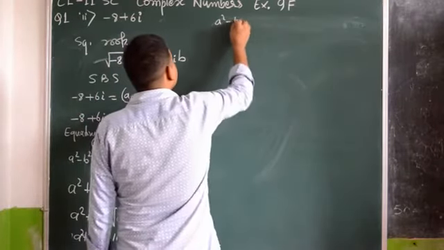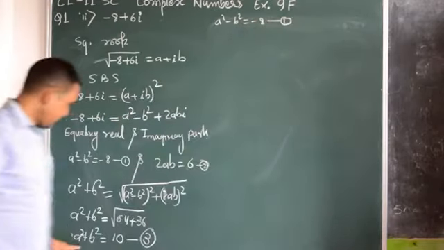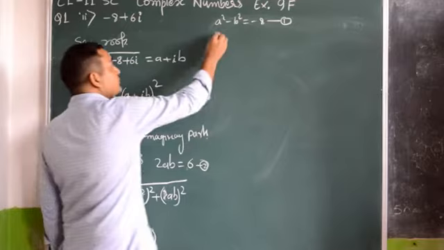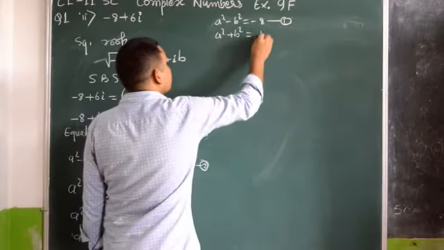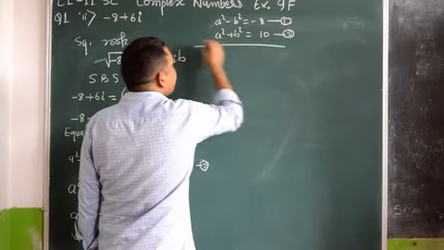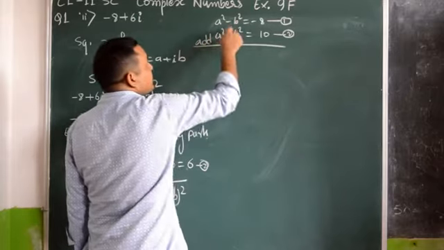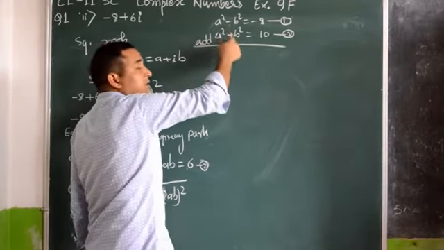Now let me write these equations together here. a square minus b square equals minus 8. This is equation 1. Then a square plus b square equals 10. Now, by simply adding, because the coefficients are the same, one is minus, another is plus, we can cancel this one.